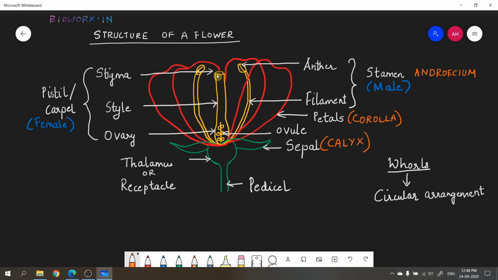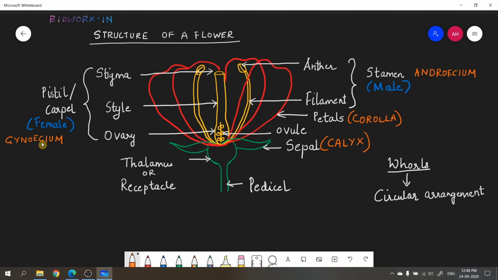And then the fourth whorl, the innermost whorl, which is right in the center, is the gynoecium. That's right. I'm going to mention gynoecium here. Alright. So I've mentioned all the 4 whorls in the diagram itself, starting with the calyx, corolla, androecium, and gynoecium.